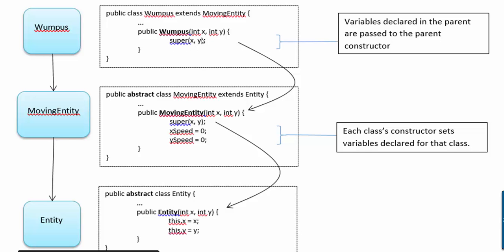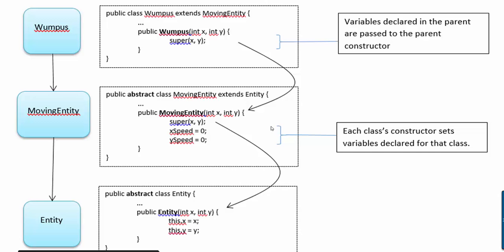So the Wumpus constructor takes those inputs, it calls the moving entity constructor, and tells it, here's the XY coordinates that we're going to construct ourselves at. Then moving entity takes those same coordinates, and it calls its super constructor to entity. And entity actually declares them, entity actually assigns them because that's the class in which X and Y are declared.